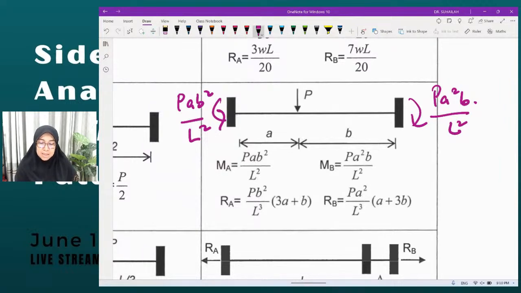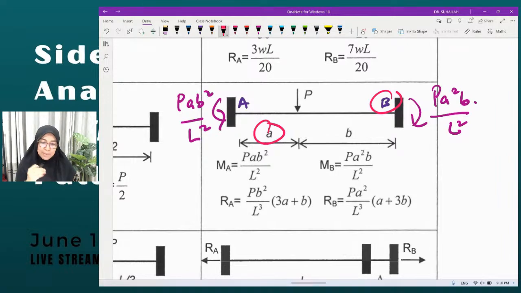To calculate FEM at A, it is B squared. To calculate FEM at B, it is A squared.